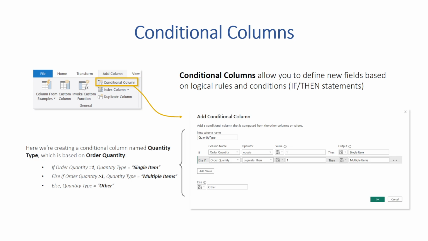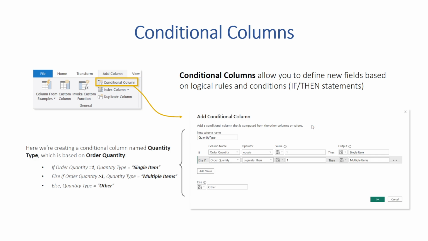Let's take an example. If the quantity in our data is 1, we can label it as a single item. If the quantity is greater than 1, we can label it as multiple items. If both conditions are not fulfilled, we can use anything like others.